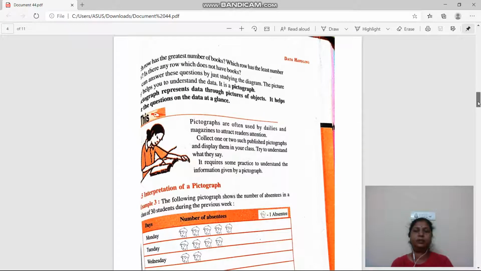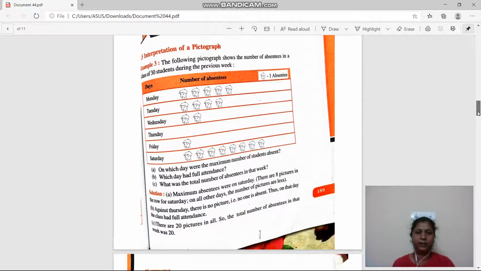Now next we studied about the pictograph. So what is a pictograph? A pictograph is the representation of data in the form of pictures. Okay, so it is a very easy and convenient method to represent data. So here the number of absent students or number of students is given in the form of pictures.